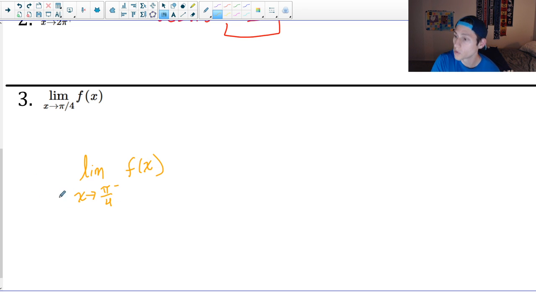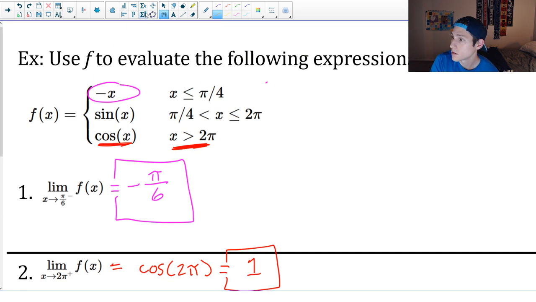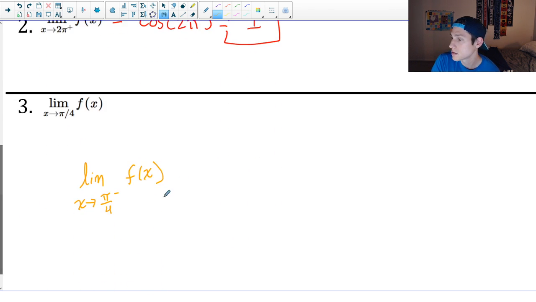So pi over 4 from the left. We're thinking about plugging in things that are slightly less than pi over 4. So I want to use this equation, which is just negative whatever the x value is. So this just equals negative pi over 4.